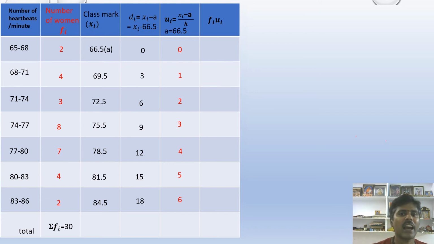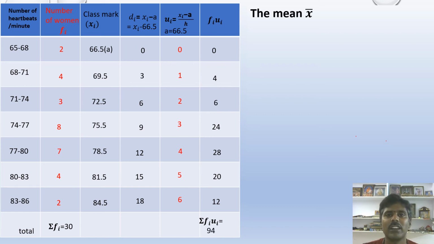Finally I have to multiply fi and ui. I will get 0, 4, 6, 24, 28, 20 and 12. Adding all those fi ui, I get sigma fi ui as 94. Now I will apply the step deviation formula for the mean.